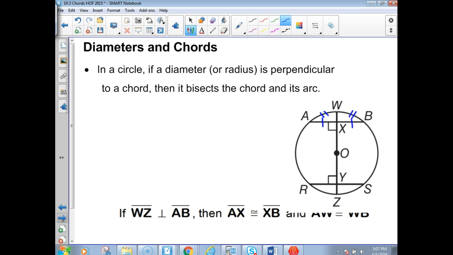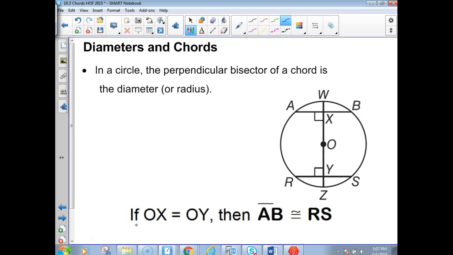There's another part to it: in a circle, if the perpendicular bisector of a chord is a diameter or a radius. And if OX is congruent to OY, then the chords must be equal to one another. Which means this segment would equal this segment, and this segment would equal this segment. And it would also mean that those arcs out there are equal.